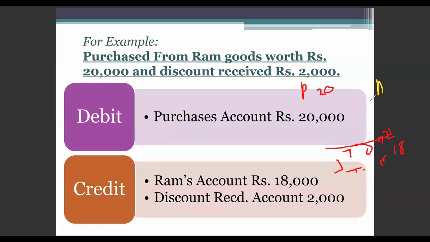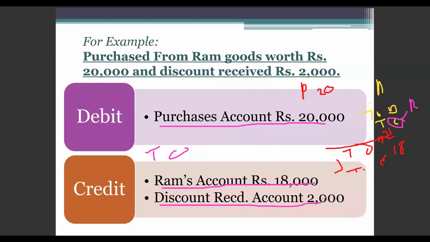When I combine this, I can write my entry as purchase account debit to discount and to creditors. Now, in this case, since there is only one creditor, instead of writing creditor, I'll write Ram account. And so I have the entry: purchase account debit to Ram account and to discount account.